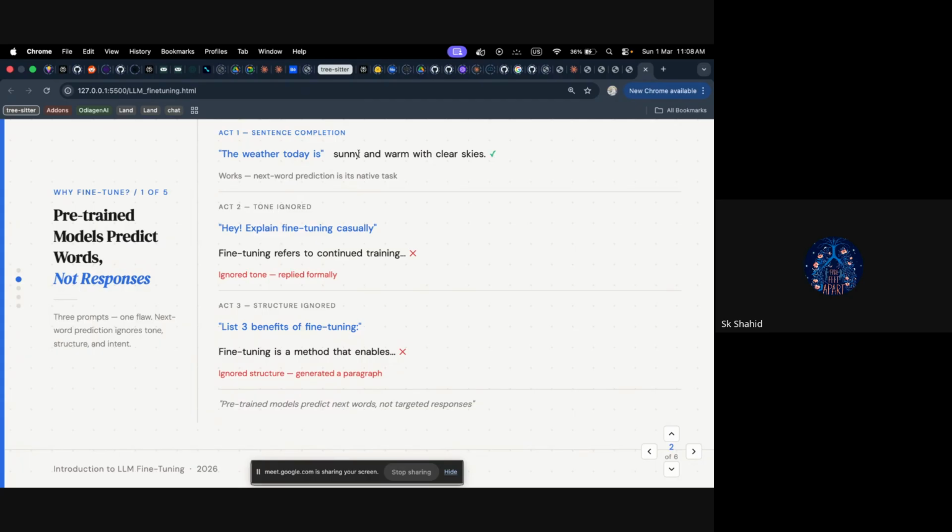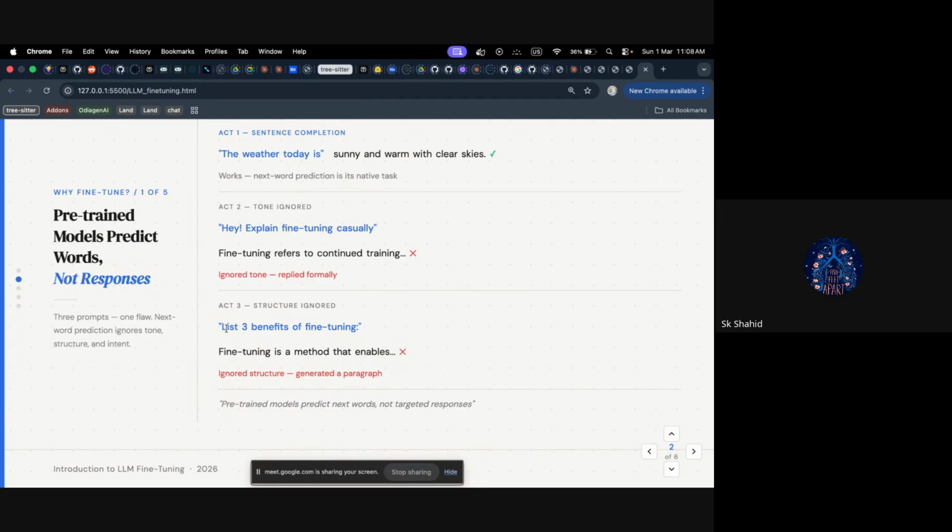So the limitation of a pre-trained transformer is that it's just a token prediction machine. It doesn't really understand the intent and the structure the user wants. Here you can see the example. If the user asks, "Explain fine-tuning casually," it just tends to complete the sentences next. It completely forgets whether the user is asking in a formal or informal way.